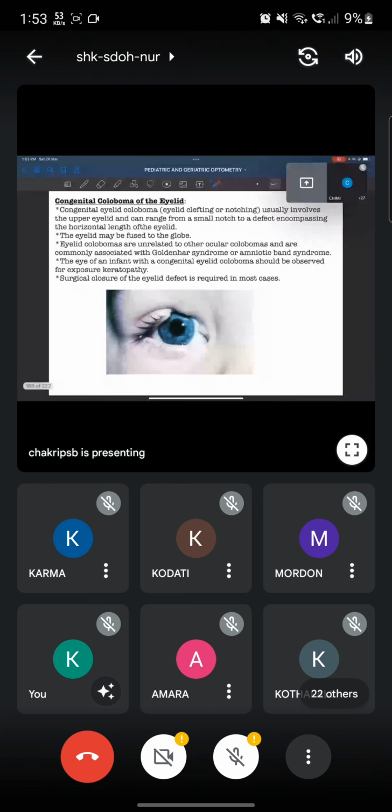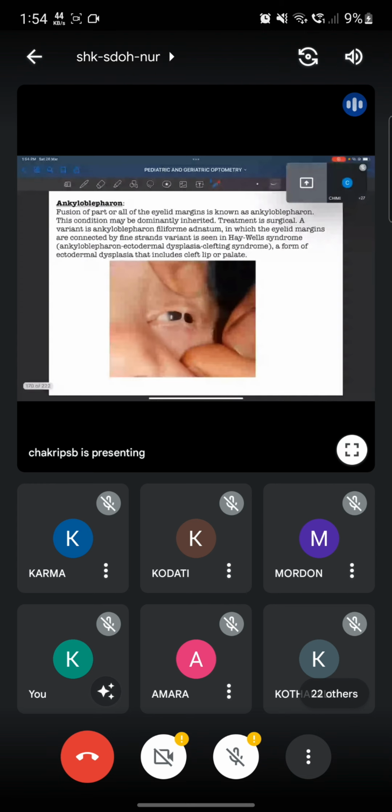Next is congenital coloboma of the eyelid. We already discussed genetic diseases or disorders. This is the incomplete closure of the upper eyelid. We say congenital coloboma of the eyelid. And the next condition is ankyloblepharon.